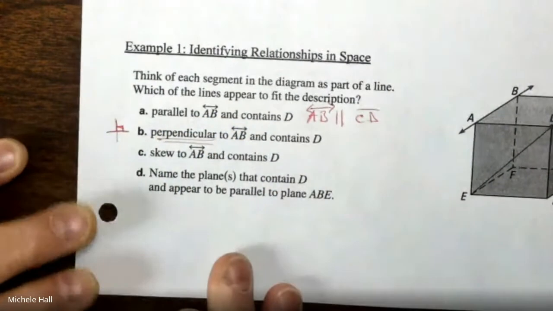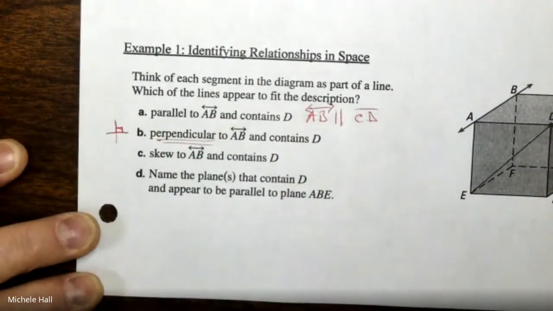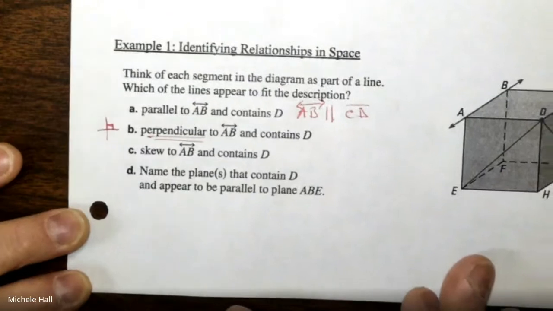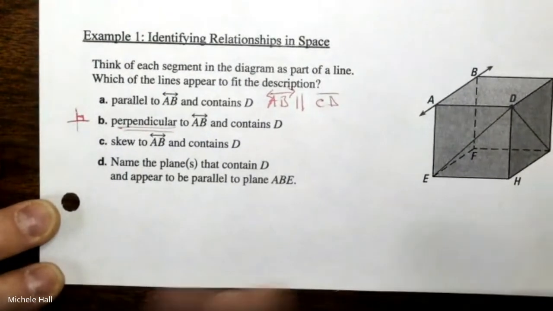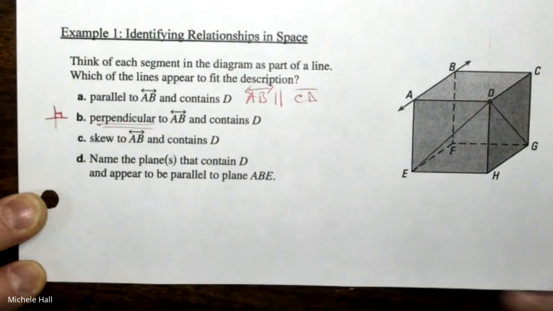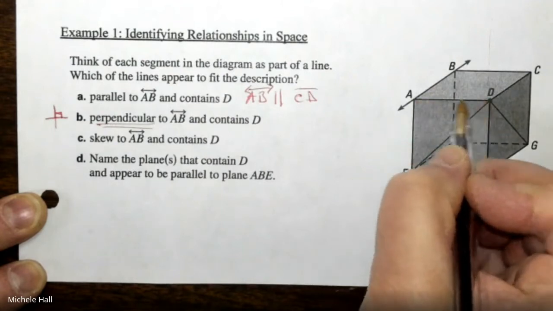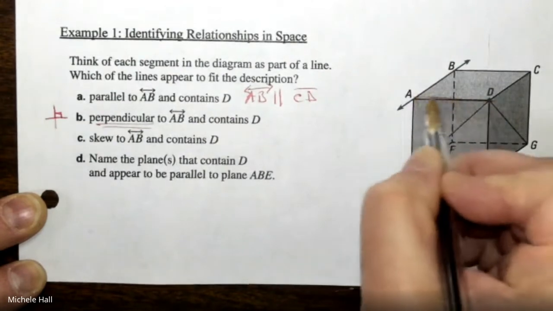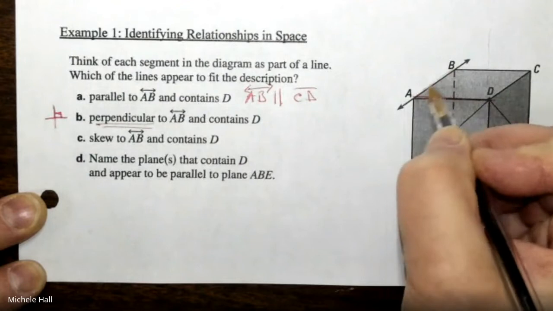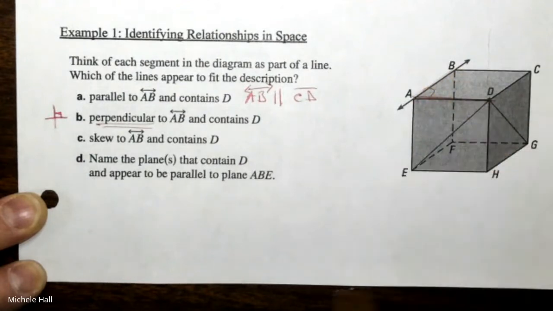All right, now that we know what perpendicular means, it says it's perpendicular to AB and contains D. What would be perpendicular to line AB and contain the point D? Here we go. This would contain point D, and it's the corner of a box. We know that that's going to have a right angle there.